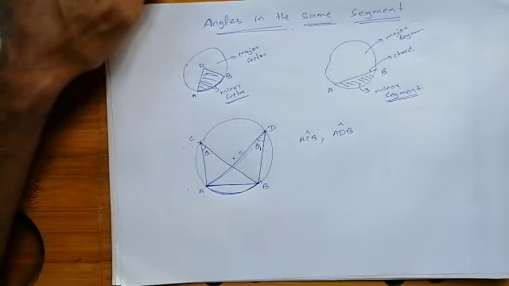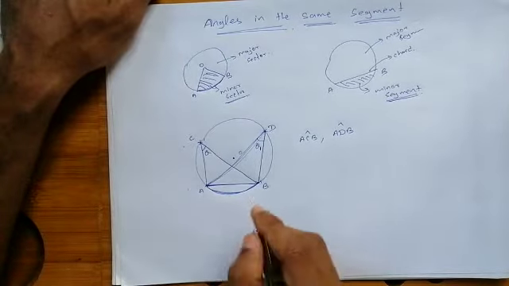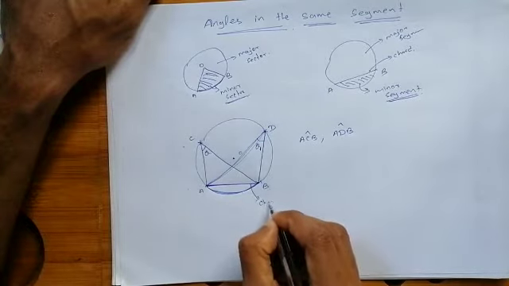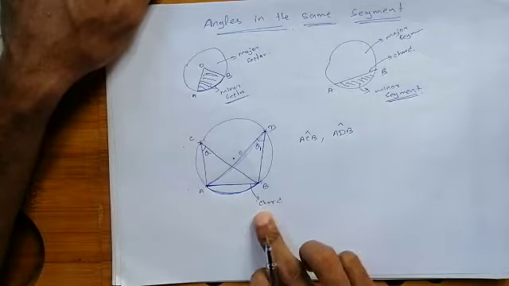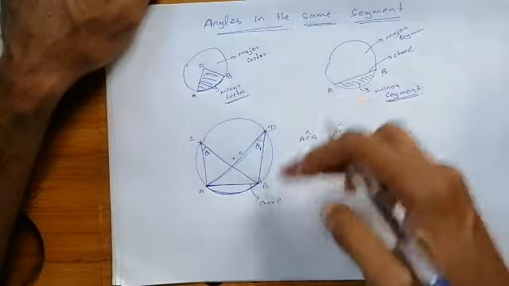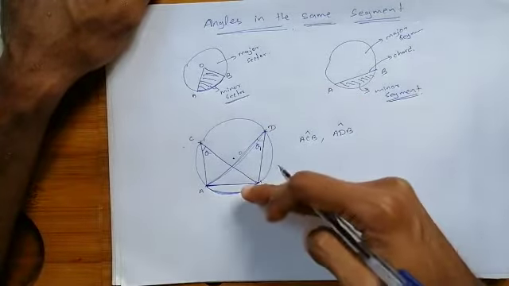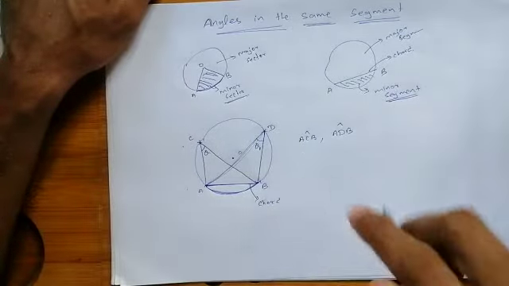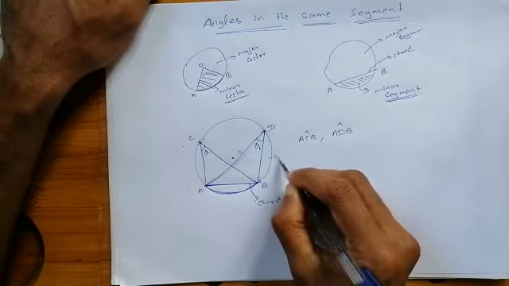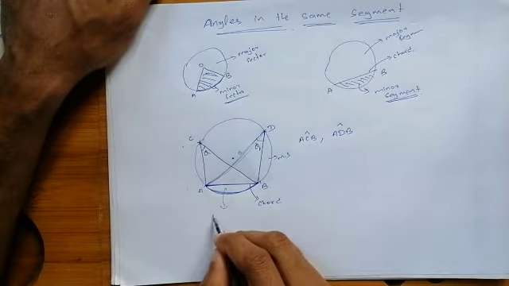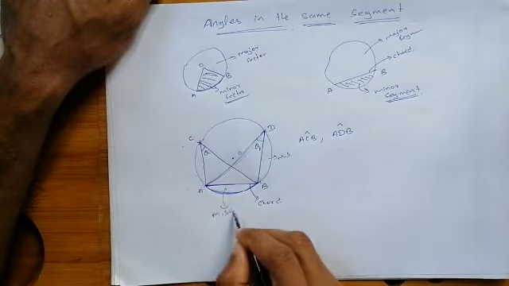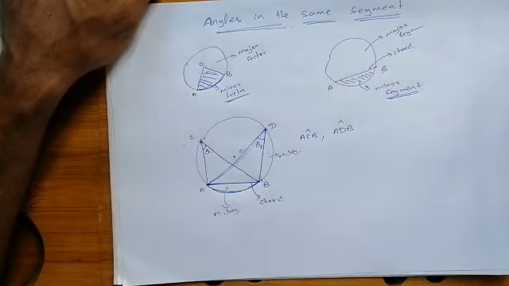If we connect AB, AB is a chord. So the circle is divided into two portions. The larger part, the upper side of AB, is called the major segment. The small portion is called the minor segment. Major segment, minor segment.